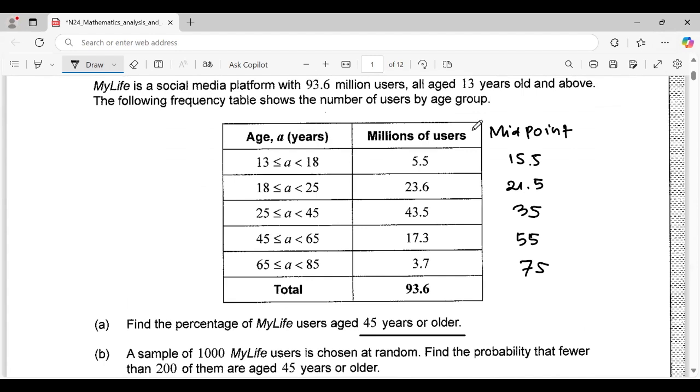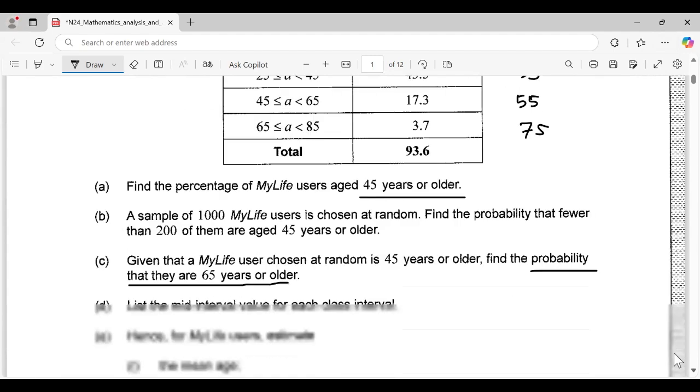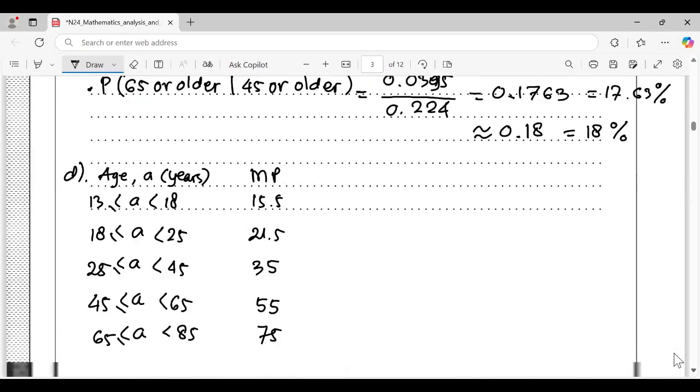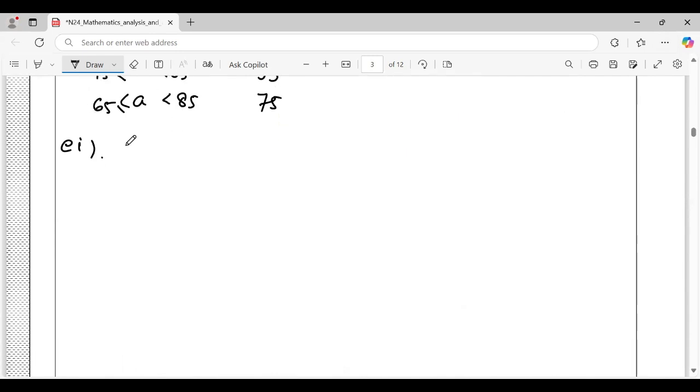This is frequency F. The frequencies are 5.5, 23.6, 43.5, 17.3, 3.7.